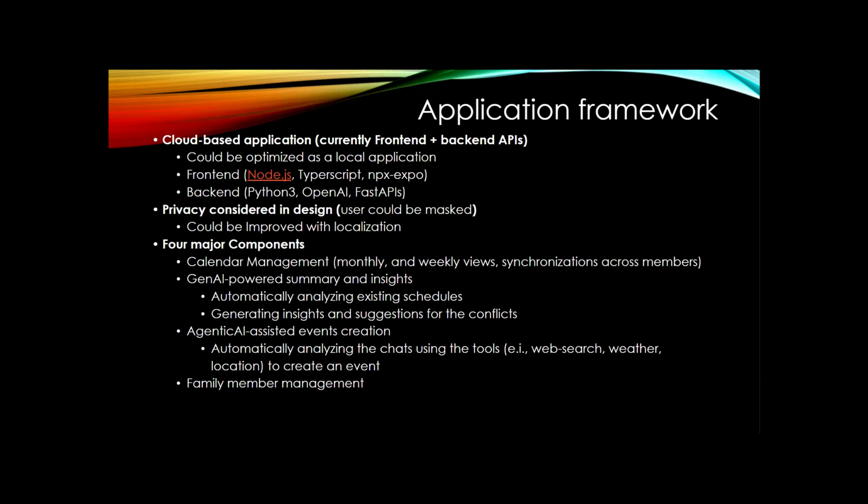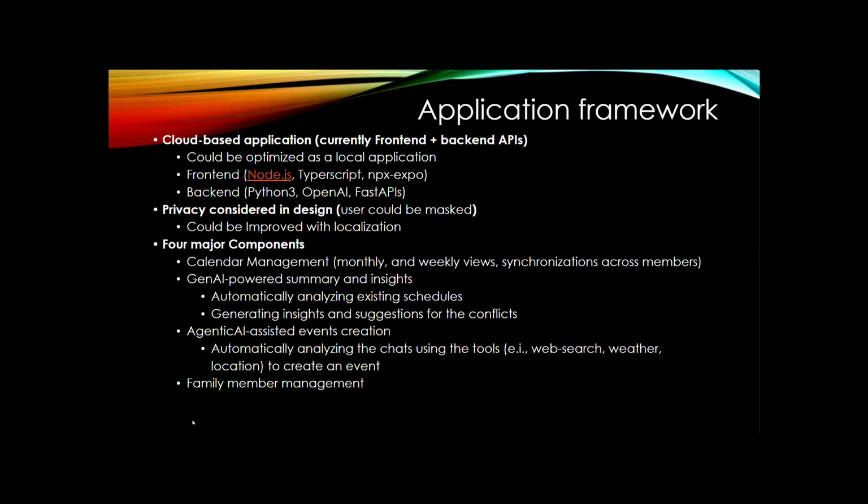So you see on the left hand side, I have all the APIs there. And one of the things we were thinking about before is privacy. Currently the family names are masked with UID, but we want to actually mask all the information, because schedule information will be sent to OpenAI.